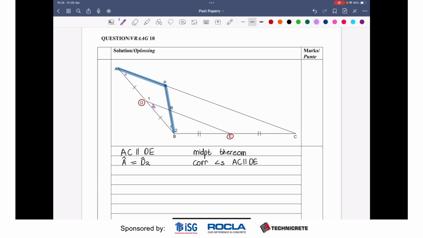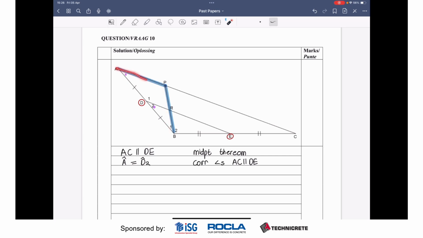All right, and then the question was asking me to prove that this triangle is the isosceles one. And now I know about the size of this angle that is equal to this one. So I'm going to try and get this angle equal to this one. Then I can say that since these two are the same, this must be an isosceles triangle. So I go back to the information I was given in the question, and I haven't used yet that this length PA is equal to the length PB.